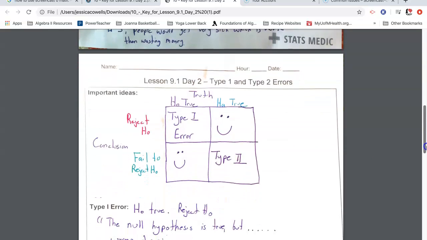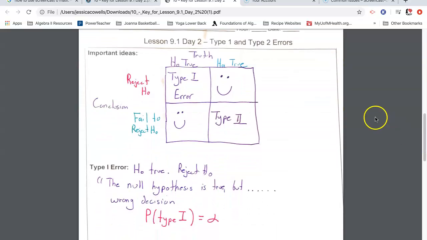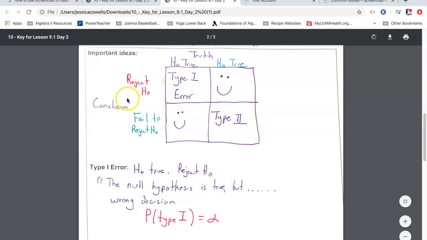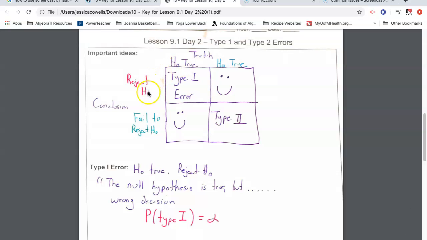Okay, so here are the main ideas. We're going to take a look at the truths and compare them to the conclusion. Our truths can be that the null hypothesis is true or that the alternative hypothesis is true. Our conclusions can either be to reject or fail to reject the null hypothesis. Well, if our null hypothesis is true and we reject it, that is a type 1 error.